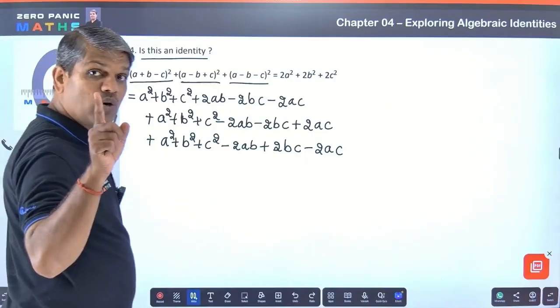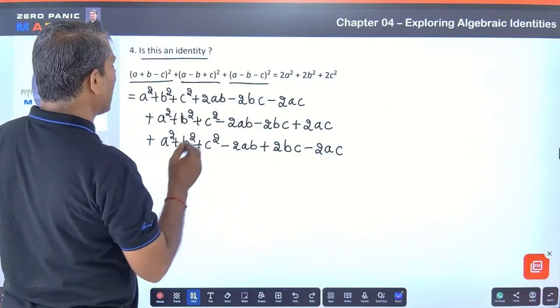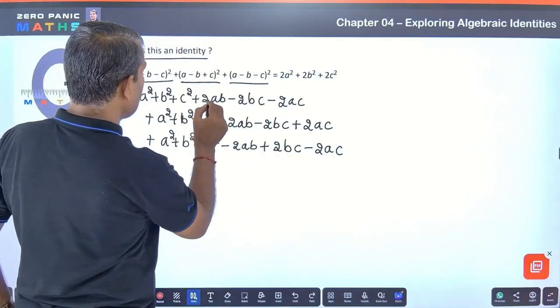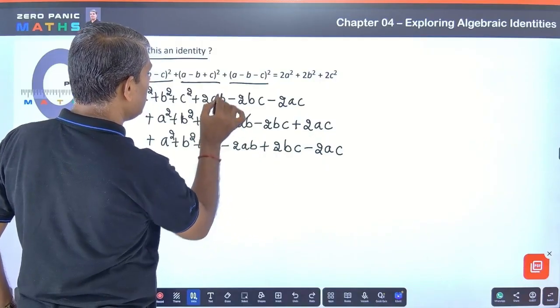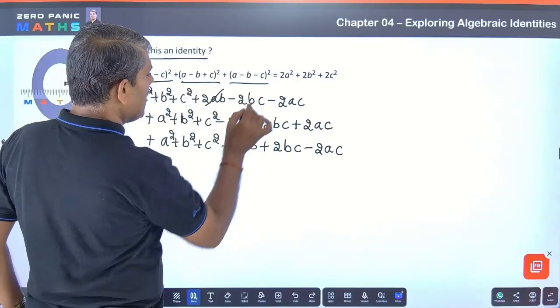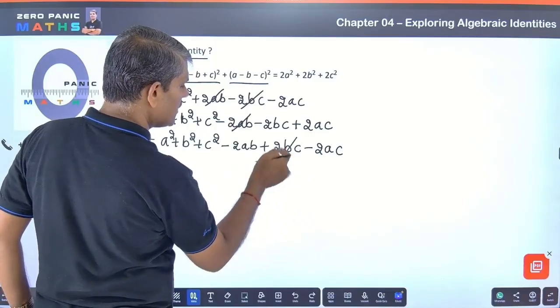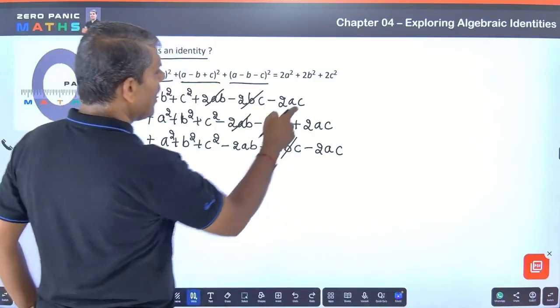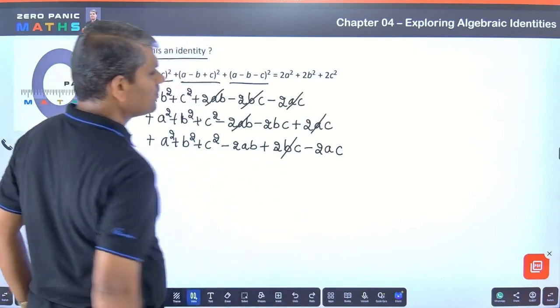Now look at this carefully. What are the terms that will cancel each other? See, plus 2ab and minus 2ab. There is a minus 2ab here, plus 2ab here. Minus 2bc and there will be a plus 2bc. See, there is a plus 2bc here. Minus 2ac, and there will be plus 2ac.